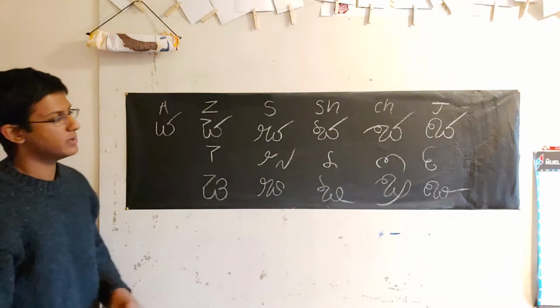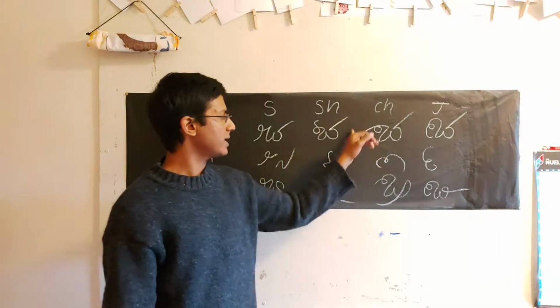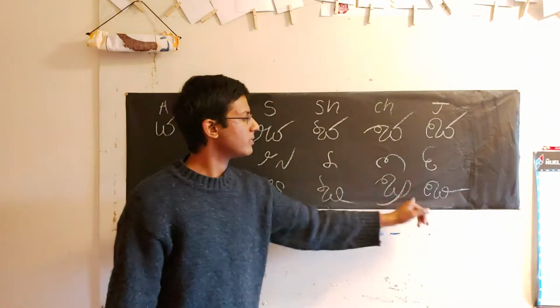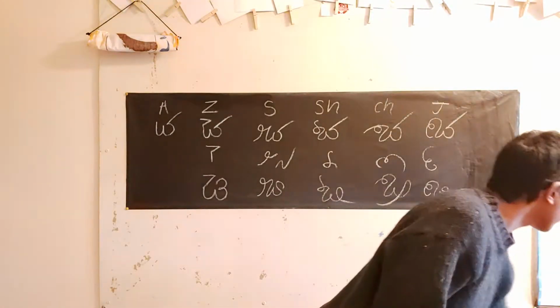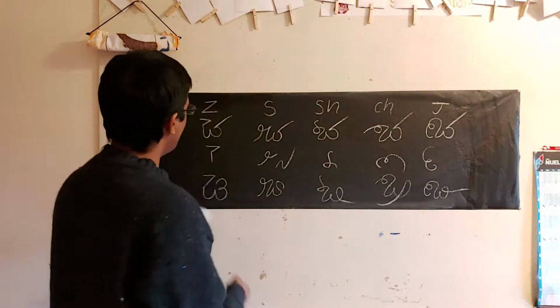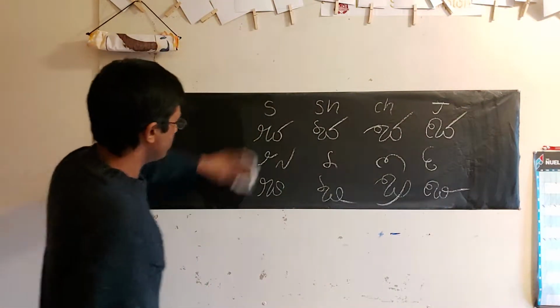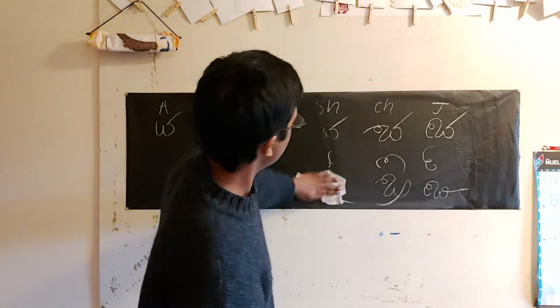So these are examples of how we can mutate the right hand side to change our vowels. So I'm going to wipe these all off now, so if you bear with me one second.